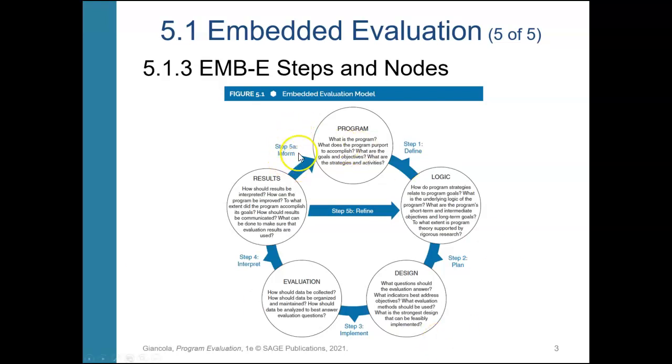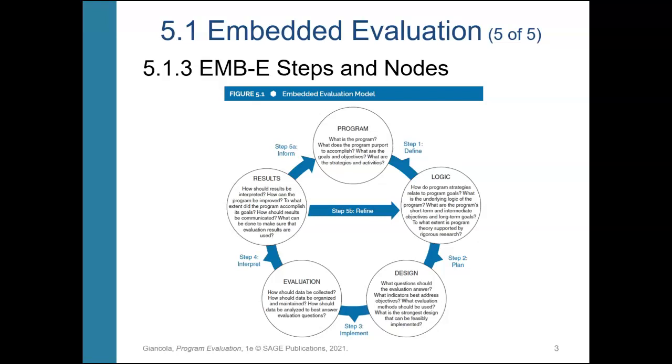Here the steps are listed with each arrow, and the nodes or the large circles are the results of the arrows. So our steps are to define, then to plan, then to implement, to interpret, and to inform. And remember, this is a cyclical and ongoing process. It's not linear.